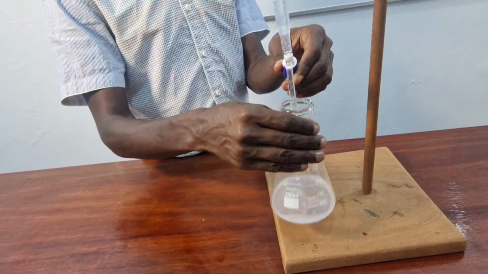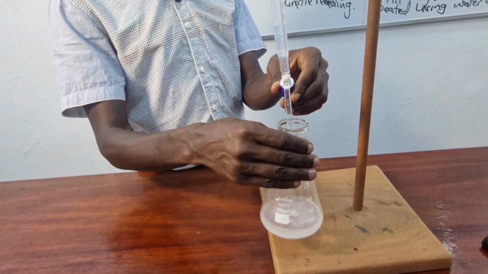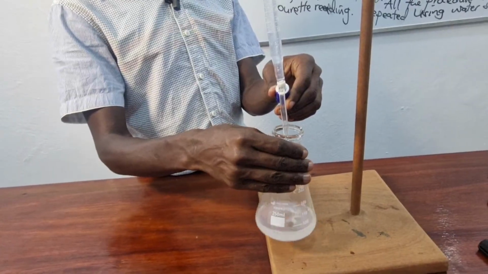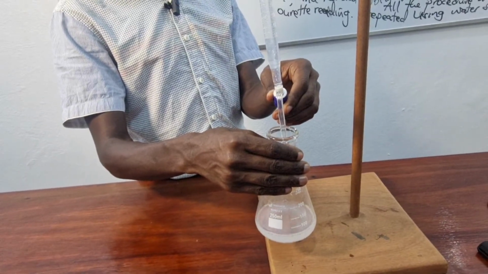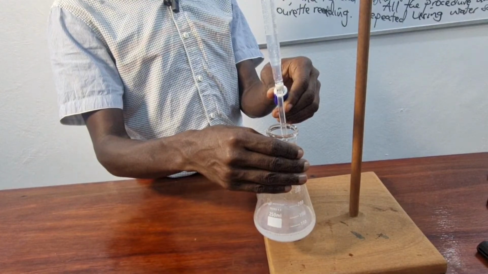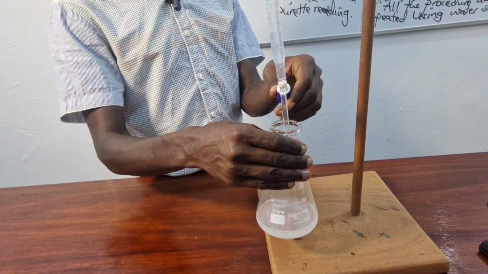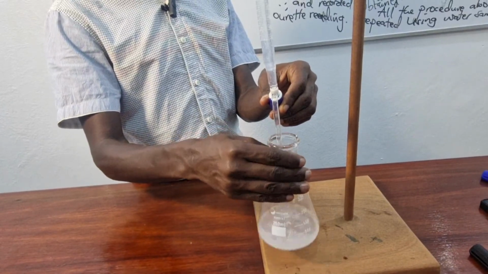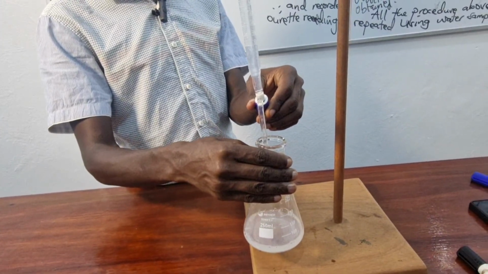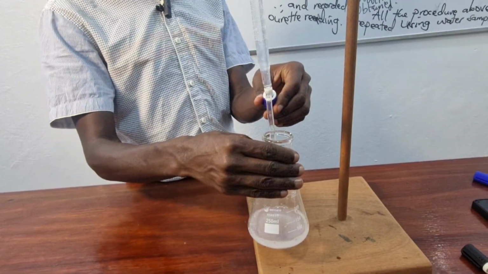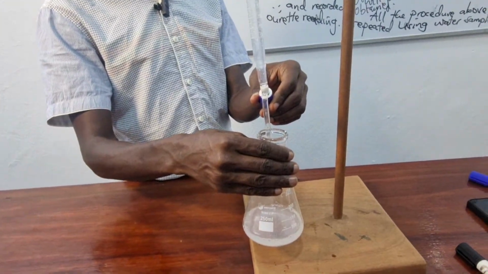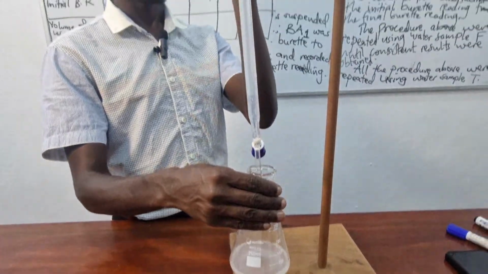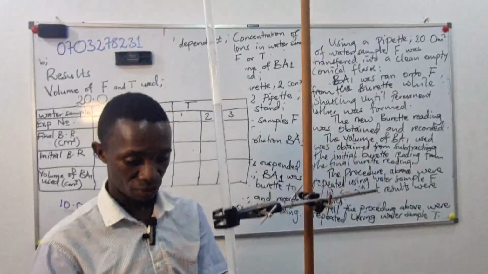A point is going to be reached when surely permanent lather is formed. I think we still see the lather up. We need to form such lather that is permanent.